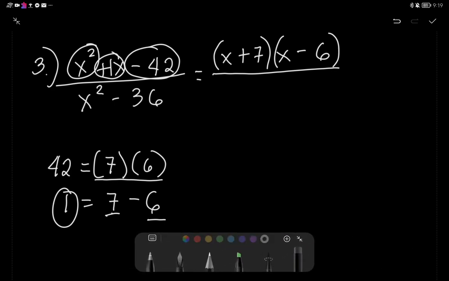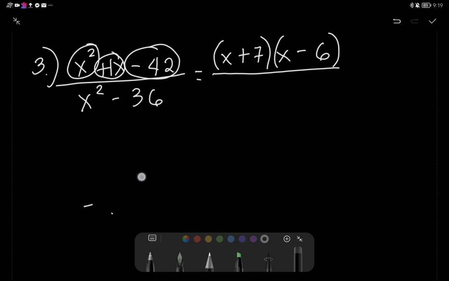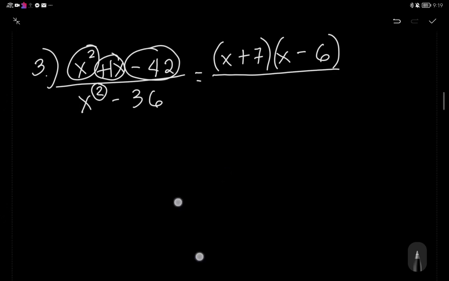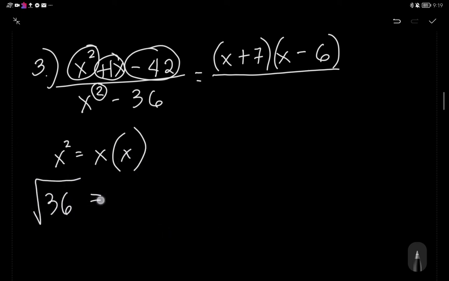Okay. Now, let's continue with the denominator. Let's factor the denominator. The denominator is x squared minus 36. The x has an exponent of 2, and 36 is a perfect square. So, the factors of x squared are x times x, and since 36 is a perfect square, we can extract the square root, and that is 6.